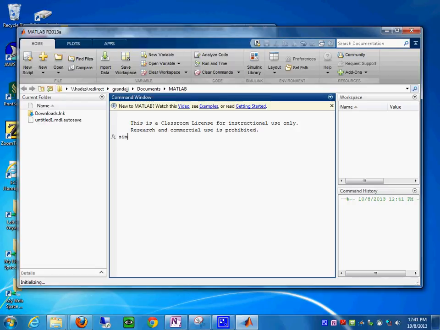So let's go SIMULINK like that. Okay, so in just a few seconds it will come up with a menu that would allow me to open a new window and would allow me to pick up the elements also.